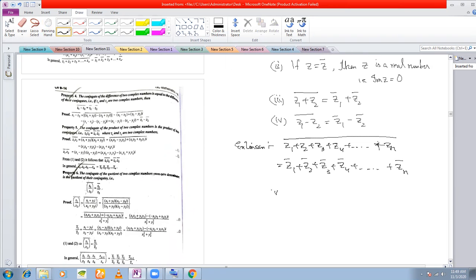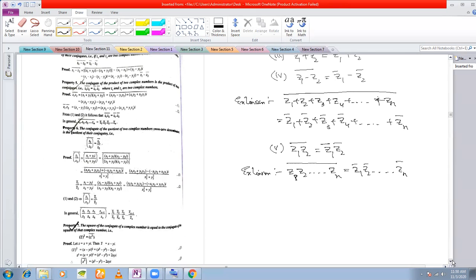Okay, similarly we have z1 z2 whole bar, that is the product: the conjugate of the product is equal to the product of the conjugates. Okay, the extension here is you can extend this for any number of complex numbers.